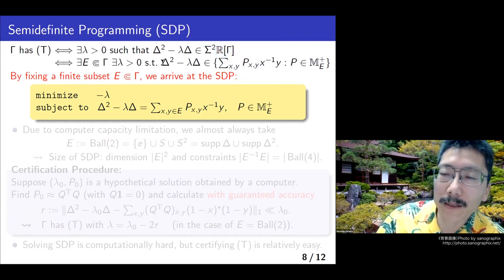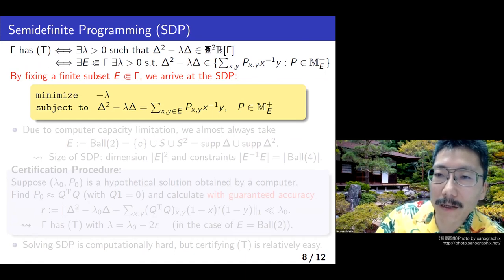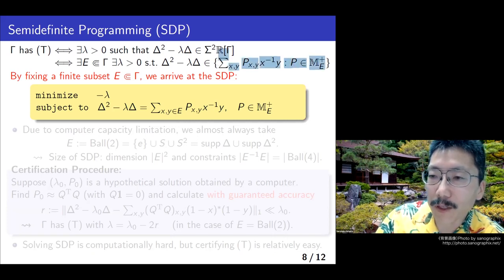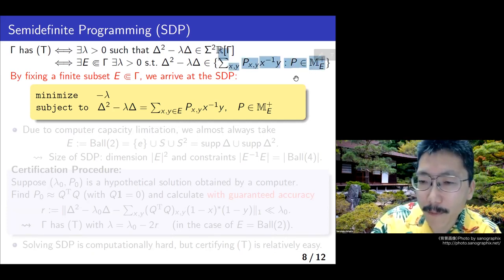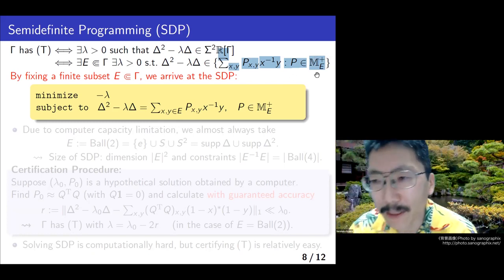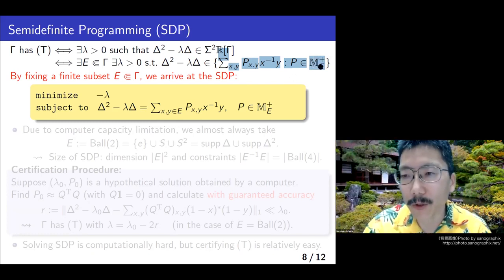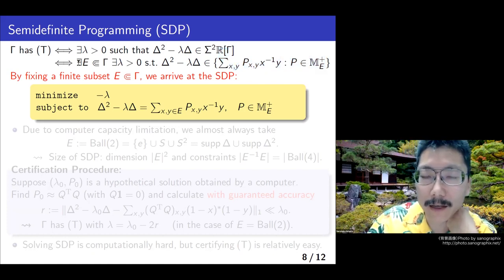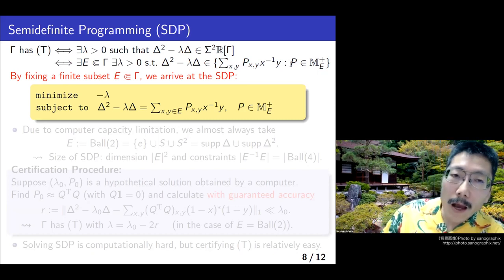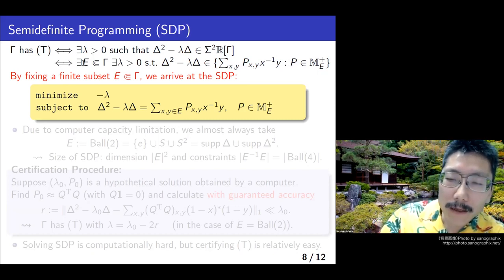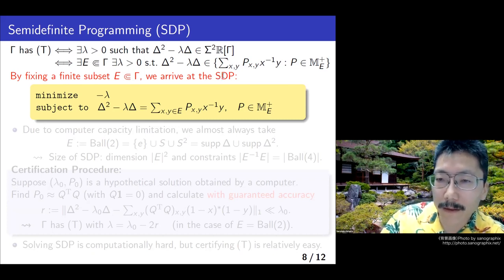The finite problem is that there is a finite subset E, so that this sum of squares is given by a positive semi-definite matrix indexed by gamma but finitely supported, so we restrict this support to the finite subset E. By fixing this E, we arrive at semi-definite programming, which is effectively solved by computer.